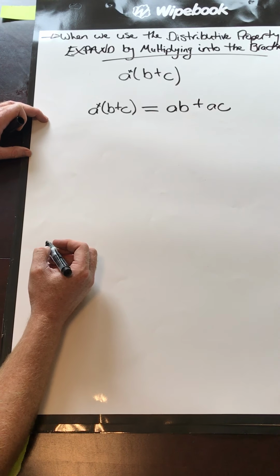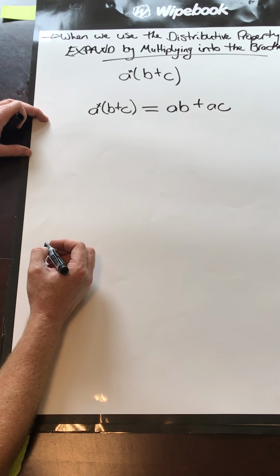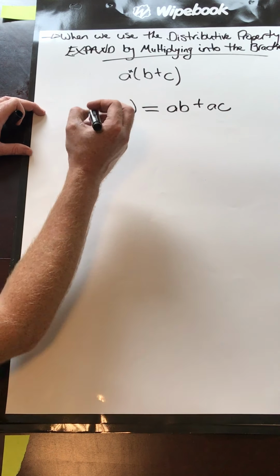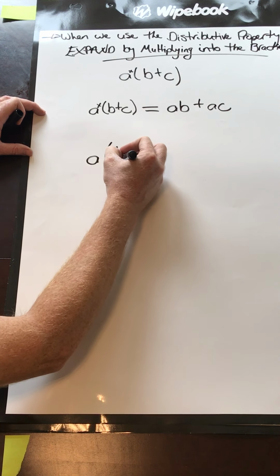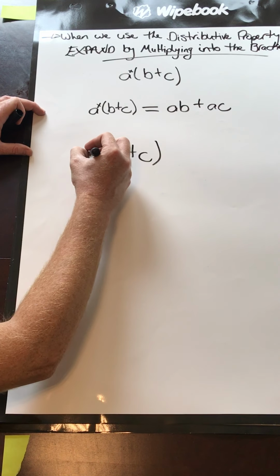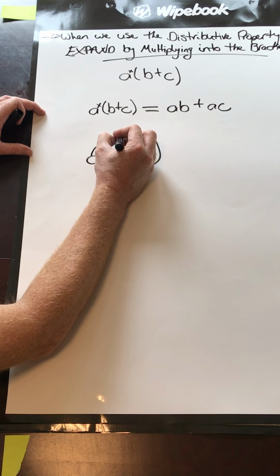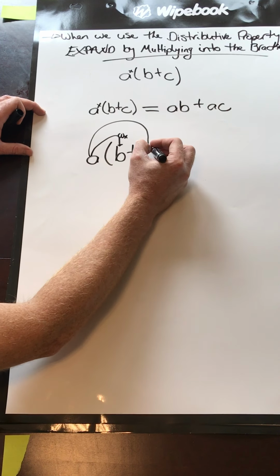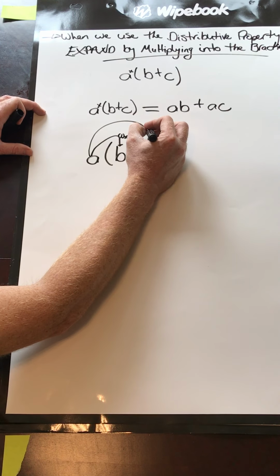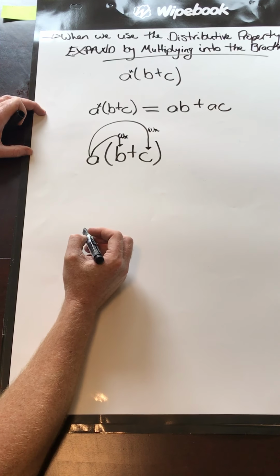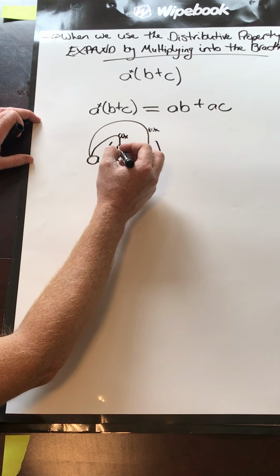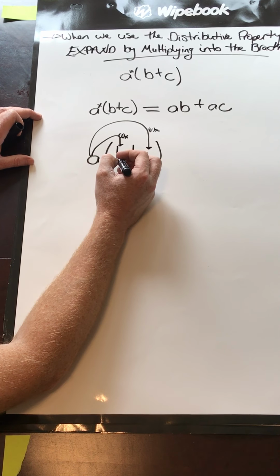All right, which is like we are expanding A bracket B plus C bracket, so we take A, rewrite this again, we take this A and we multiply it by the B. We take the A again and we multiply it by the C. All right, and so we've taken the A and we're multiplying into the bracket, and we multiply it by the B, and what do we get?